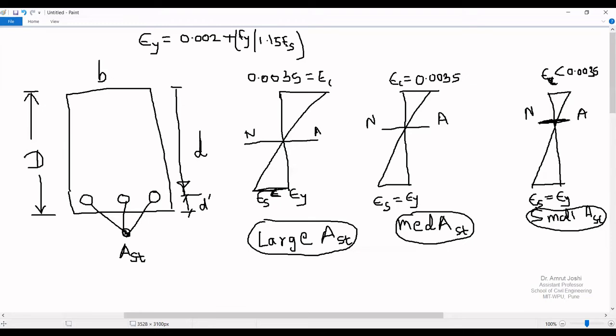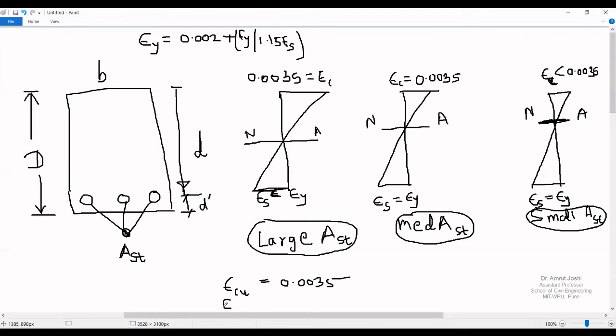Now let us ask ourselves a question. Which of these sections is beneficial? If you look at the ultimate compressive strain of concrete in uniaxial compression, I will call it epsilon Cu, it is 0.0035. We have discussed this in this video.